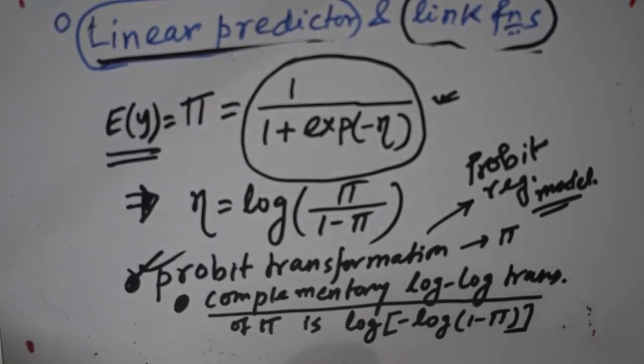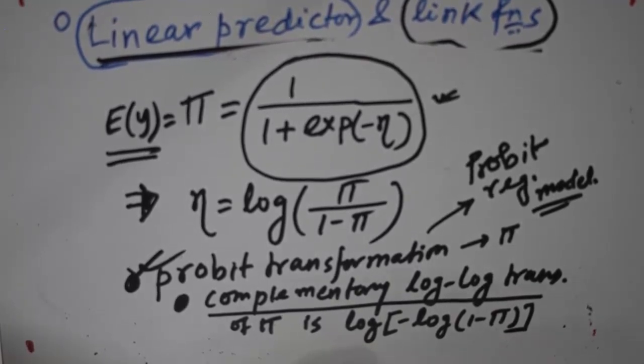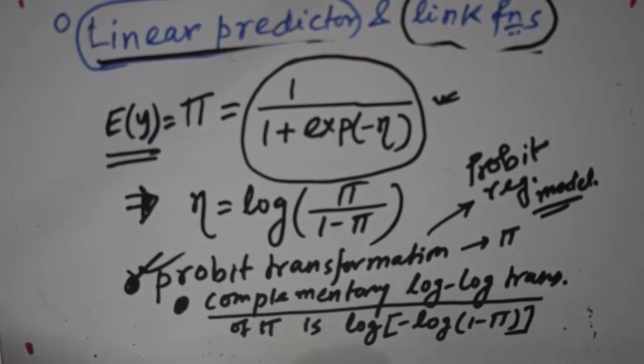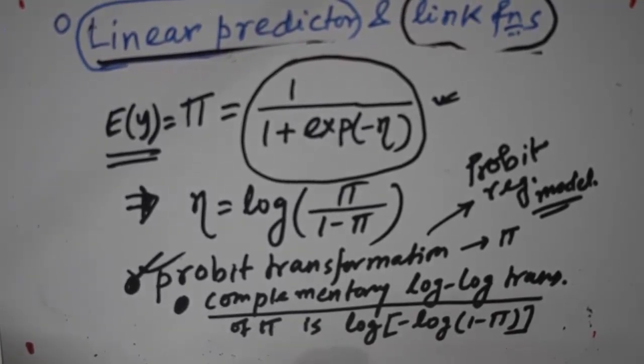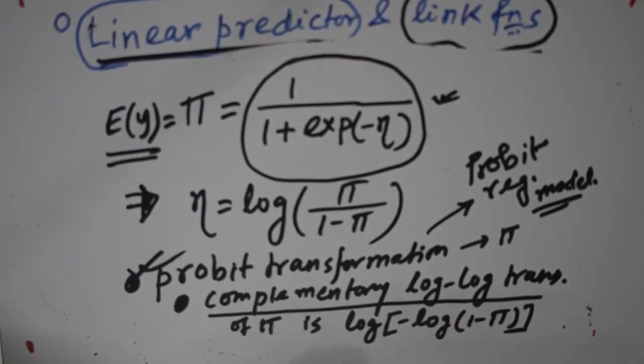I repeat this part again. Similar to logit function, there are other functions also which have the same shape as the logistic function. These functions can also be transformed through pi. There are two such popular functions, probit transformation and complementary log-log transformation.